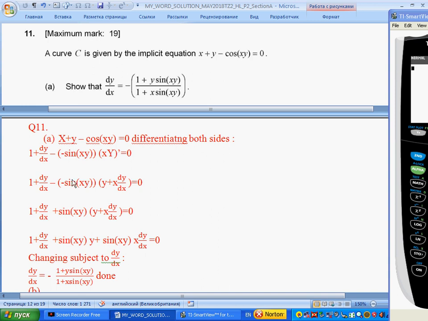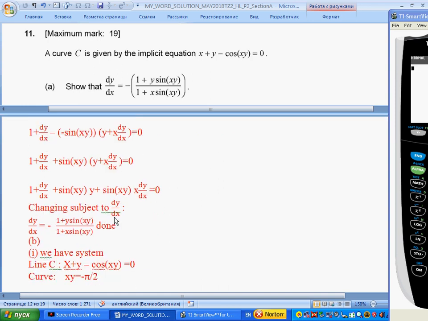When we differentiate sine, we also differentiate xy. So this is the differentiation of xy. So the x derivative is 1 times 1 plus x divided. Okay. Simplifying, we get this expression. Done.